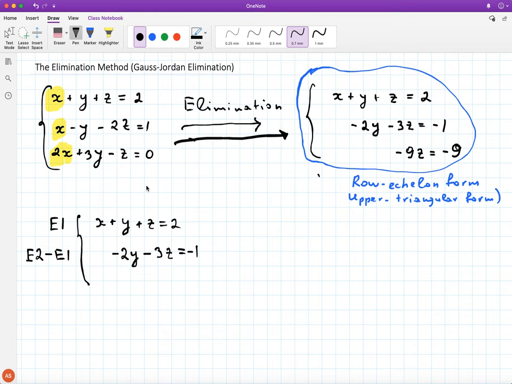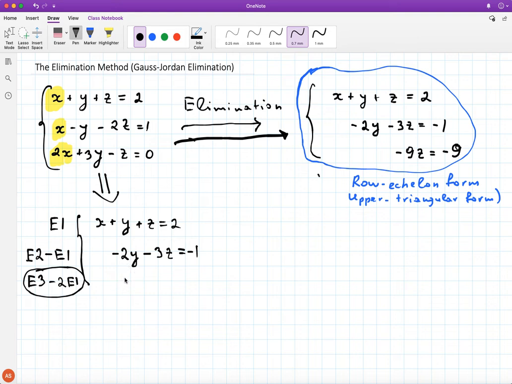Now, to eliminate x from the third equation, I will subtract from the third equation the first equation multiplied by 2. And so you will see I'm writing to the left of that bottom equation E3 minus 2 times E1. What that indicates is that the equation that I am just about to write is obtained by looking at the third equation in the previous step and subtracting from that the first equation from the previous step multiplied by 2.